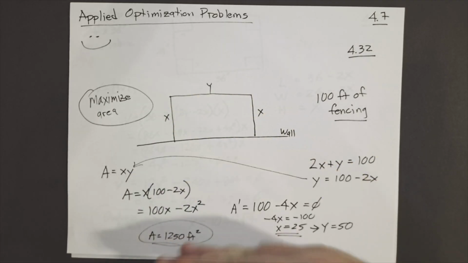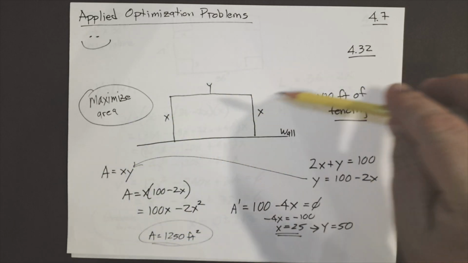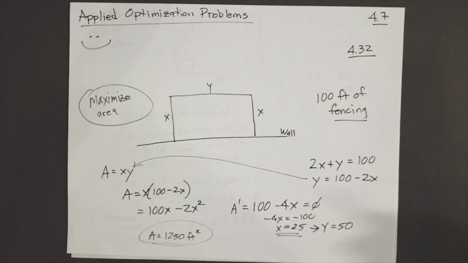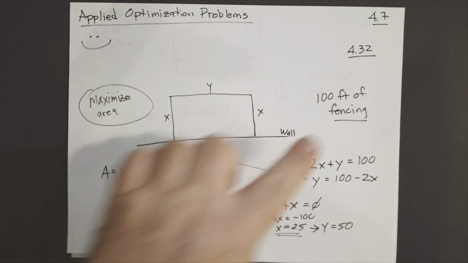So the wall will be one of the sides, and then using the fencing to make the other three sides. Given the fact that you only have so much fencing, what is the configuration that will get you the maximum area?